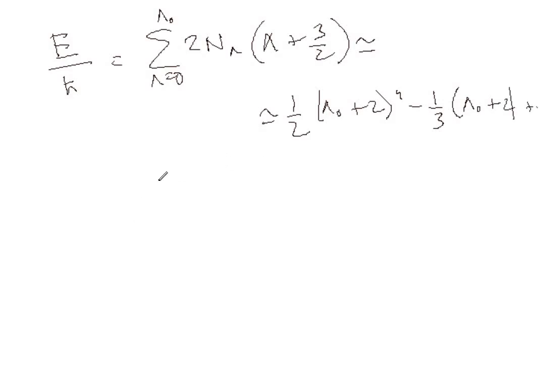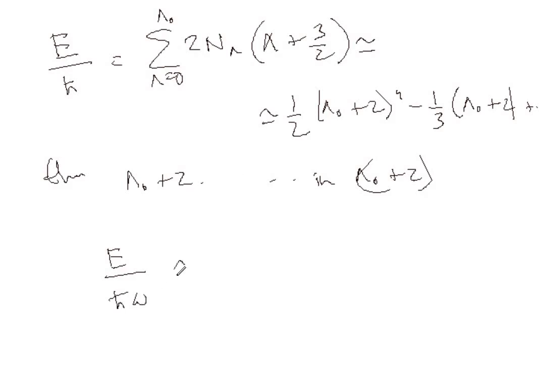Now eliminating lambda 0 plus 2 from the equations above and keeping terms of larger order in lambda 0 plus 2, upon doing that you will see that we will get this result.